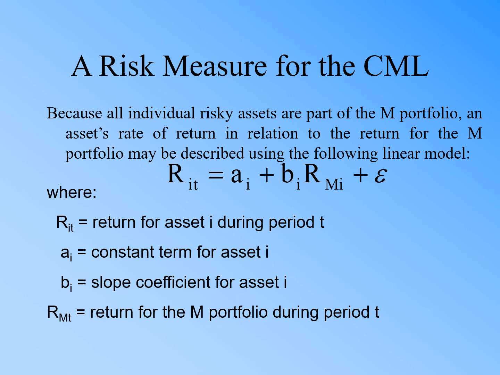Here R_it is the return for asset i during period t, alpha is the constant term for asset i, beta is the slope coefficient for asset i, and R_Mt is the return for the M portfolio during period t. M means the market portfolio. Epsilon is the random error term. This is a linear model, and by using this model we can determine the return of an asset i.